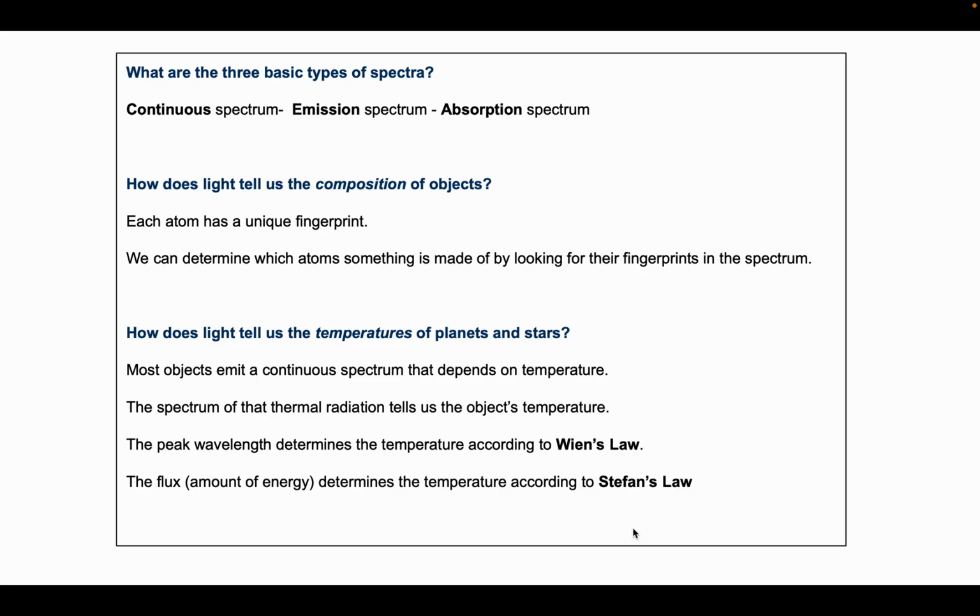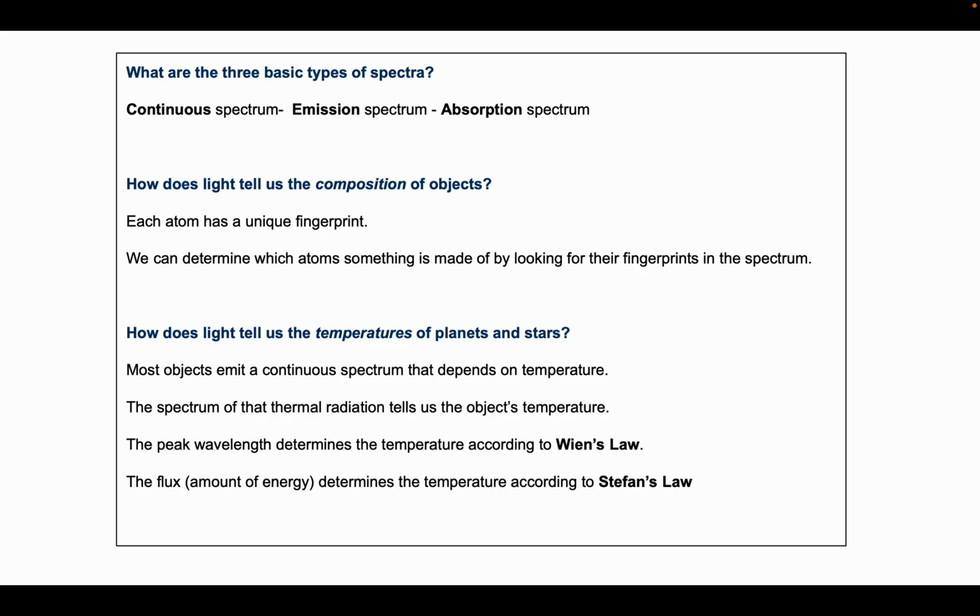Until now we have covered the three basic types of spectra: the continuous spectrum, the emission spectrum, and the absorption spectrum. So how does light tell us about the composition? Each atom has a unique fingerprint. We can determine which atoms an object is made of by looking at the fingerprint in the spectrum.